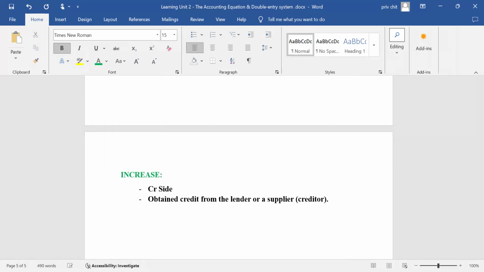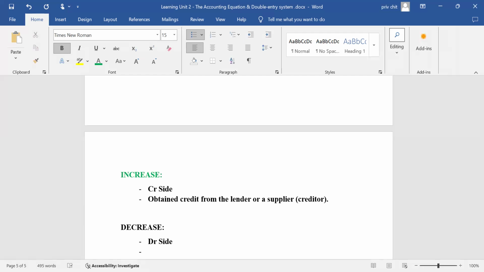Of course, we're going to look at some typical examples, but we also want to analyze what causes liabilities to decrease. And we understand that they will decrease on the debit side of the ledger account. But the question is, what is it that causes liabilities to decrease?